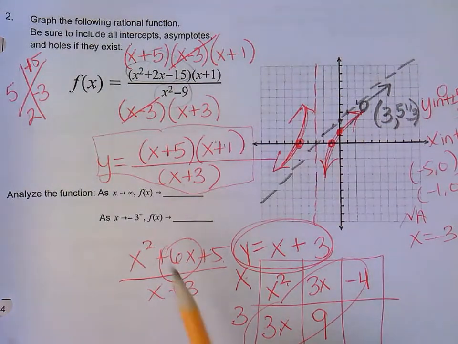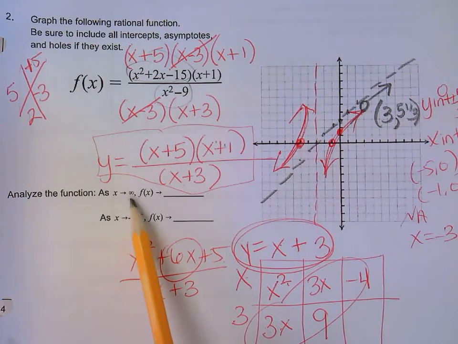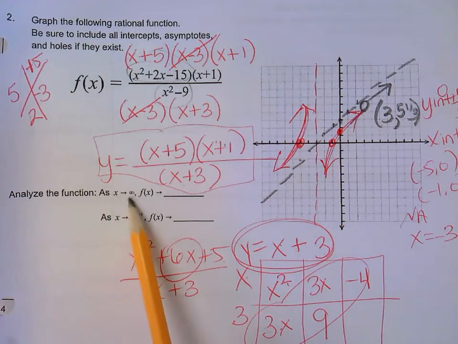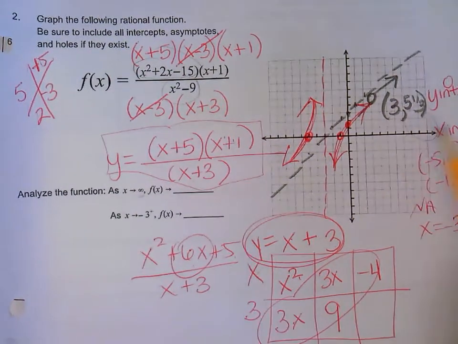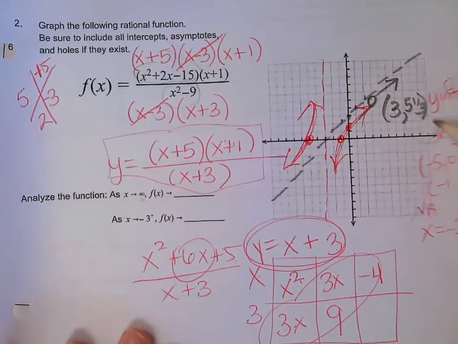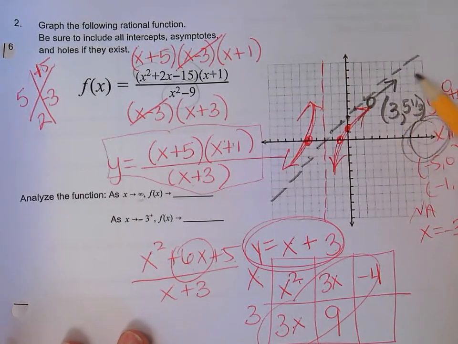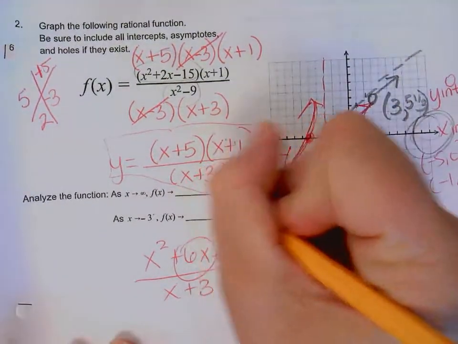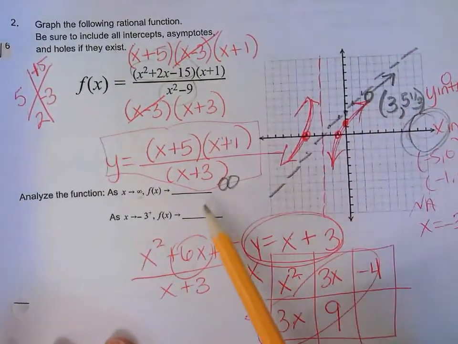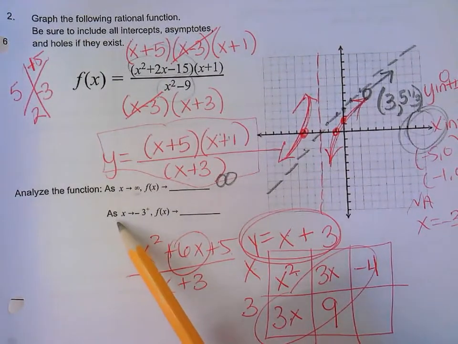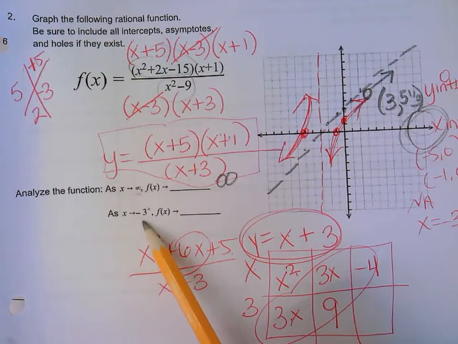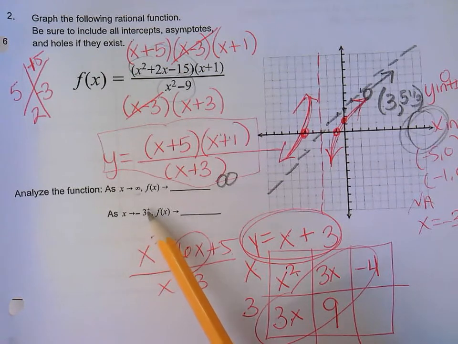All right, and the last part says, as x is going to the right, so as x approaches positive infinity, which is this direction, what is your y value doing? It's going towards positive infinity, right? It's going up. And then what about as x is approaching the asymptote -3 from the right-hand side?